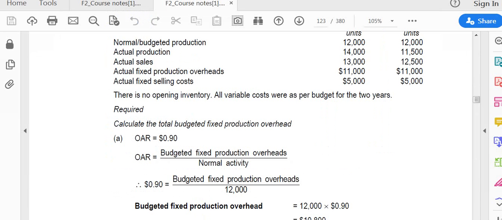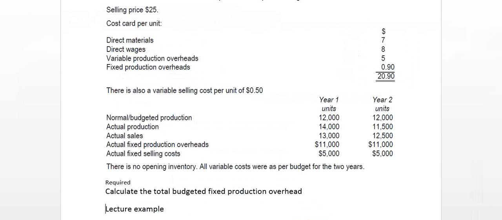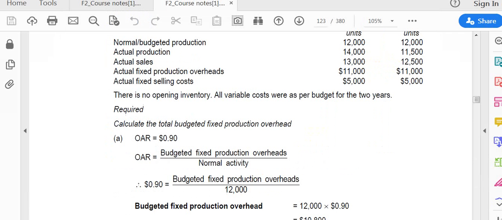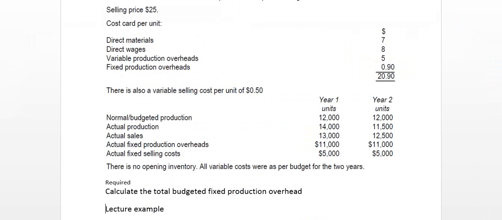Now you remember the OAR formula. The OAR formula is budgeted fixed production overhead divided by budgeted activity. So in this question you are given the OAR as how much? The 0.90, that is your OAR. So using the 0.90, you could substitute your budgeted activity as per the question, which is 12,000 units.